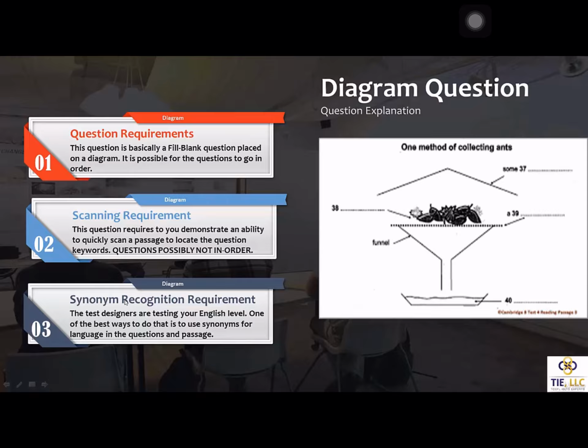It depends if there are words before and after the blank line, right? But a diagram question is basically a fill-the-blank question. That's what it is. You have to fill these different blank lines by looking at how they describe the diagram in a paragraph, and then recognizing these different parts on the diagram in terms of what the meaning is in English.